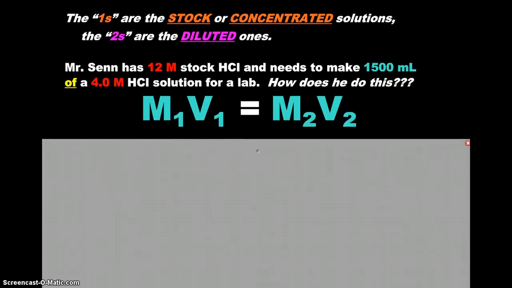Again, the ones are for the stock concentrated solution, so M1 is always bigger than M2. The other thing I look for in the problem, you can see I highlighted it yellow, is the word "of": 1500 milliliters of 4 molar solution. That means that those two numbers are going to go together.